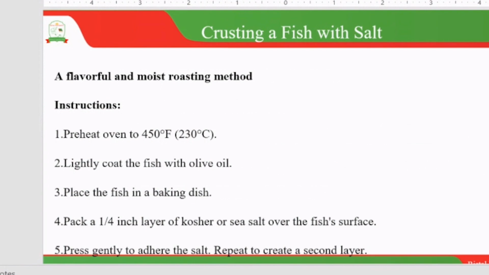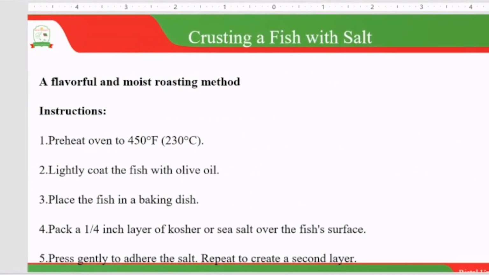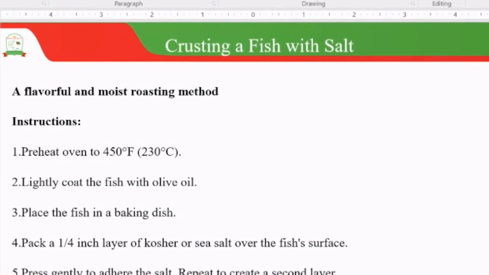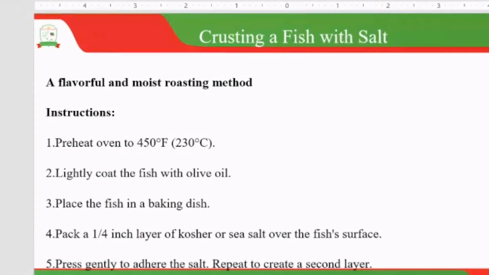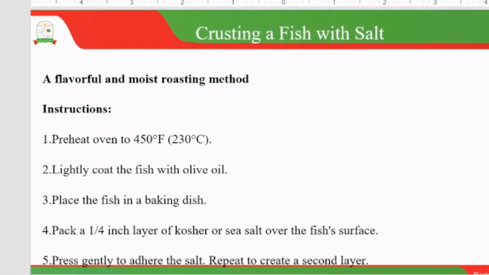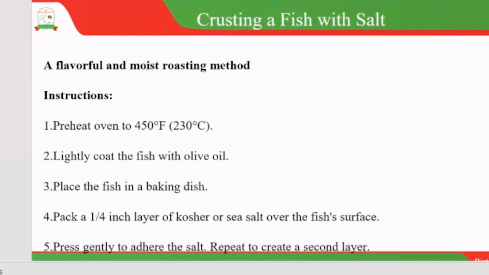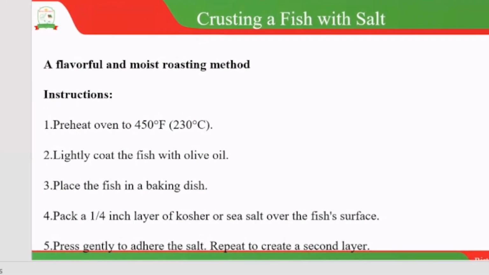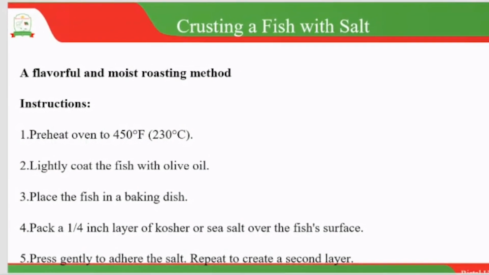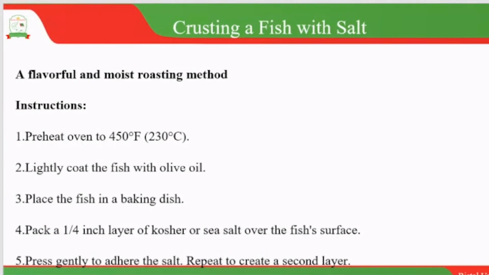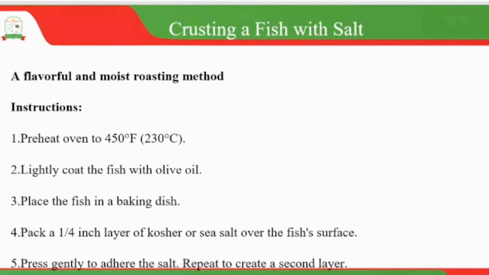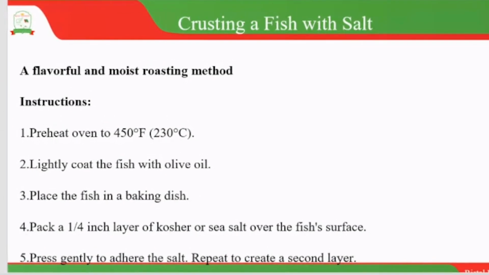Right. So here we are looking at you preheating the oven to about 230 degrees centigrade, then lightly coating the fish with the olive oil, and also then placing the fish in the baking dish. Then pack a quarter-inch layer of the salt and the seawater over the fish's surface as you're brushing it. Then press gently to adhere the salt, and repeat in the second layer, I should say.